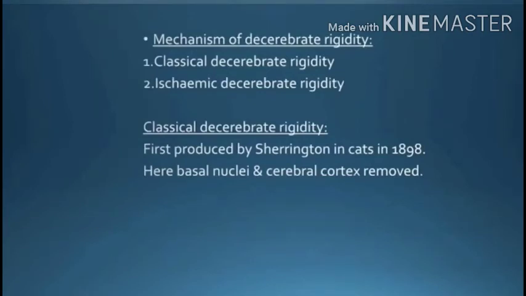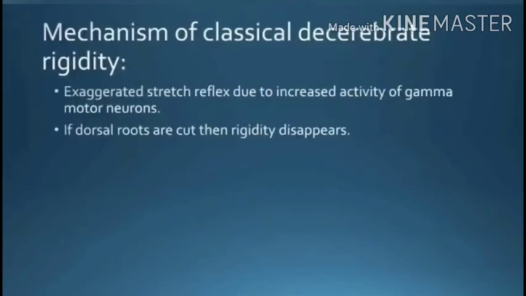So when the connection from the higher center is cut, the inhibitory area has become inactive, but the facilitatory area is still active because it has intrinsic activity. So it will continue to send impulses to increase gamma motor neuron discharge. As a result, a rigidity has appeared. This is a gamma rigidity.